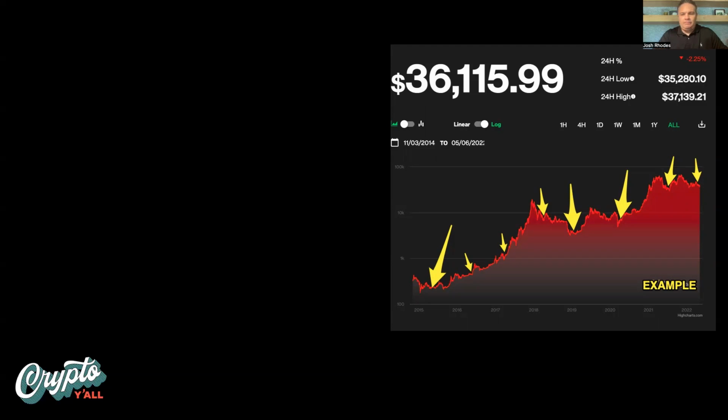So notice this image is kind of like the last 7 or 8 years of Bitcoin, and all of the yellow arrows are examples of dips, right? The dips are all different, so everything's very subjective based on where you are in time.